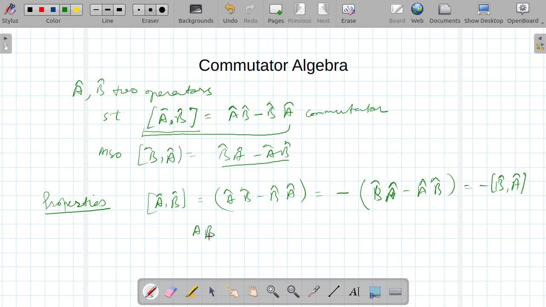That means the commutator of A and B is the negative of the commutator of B and A. This is one property. Then there is another property about which I am going to talk.